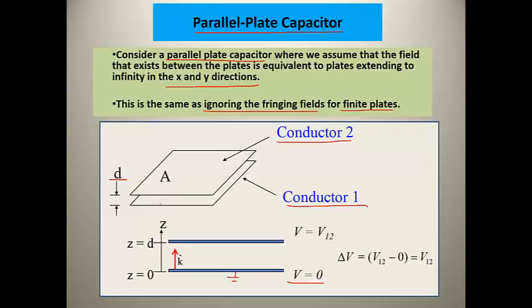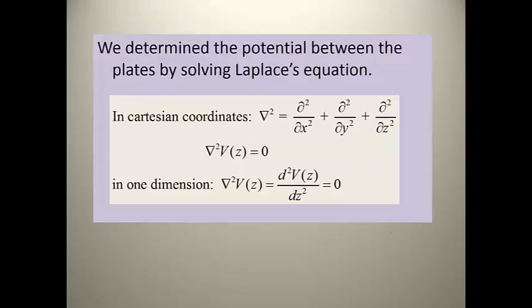So then if we apply a voltage V12 to the top plate, the difference of potential, delta V, is just equal to V12. Well, we can determine the potential as a function of z by using Laplace's equation. If you remember, Laplace's equation in Cartesian coordinates looks like this. We have the second partial derivatives with respect to x, y, and z.